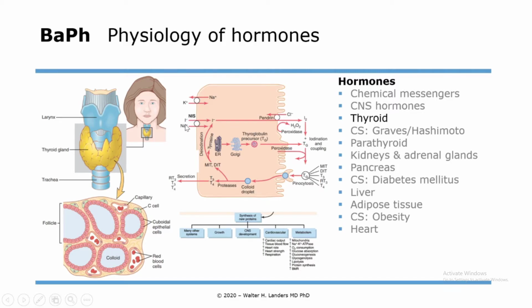The ion is moved in, and then on the inside of the follicle, you see that it's formed. So iodine comes in from the bloodstream, it gets in here, and then it forms hormones, including, for example, T4 and T3. And these hormones are very important, and we will come to that later.